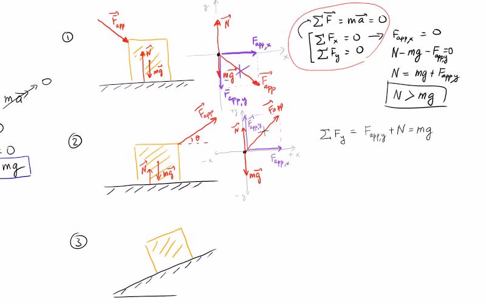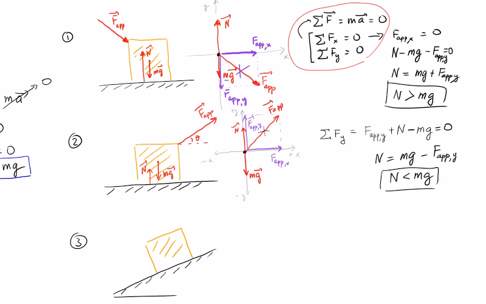So from here we can find the normal force. Actually, I was supposed to write minus mg equals 0, and from here I can find the normal force equals mg minus force applied y, which is less than the mg. So here N is less than the weight of the object.